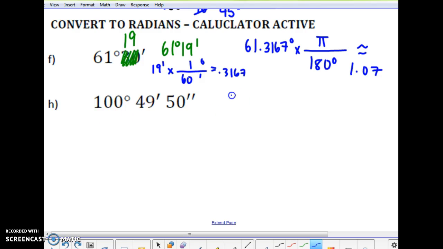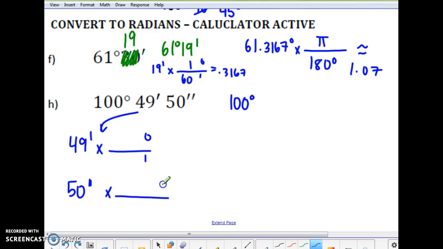Same thing with this guy. This is going to be 100 degrees, but we need to take this 49 and change it into degrees. And we need to take this 50 seconds and change that into degrees as well. So 1 degree per 60 minutes, 1 degree per 3,600 seconds. Should give you 0.8167. And this is 0.0139.